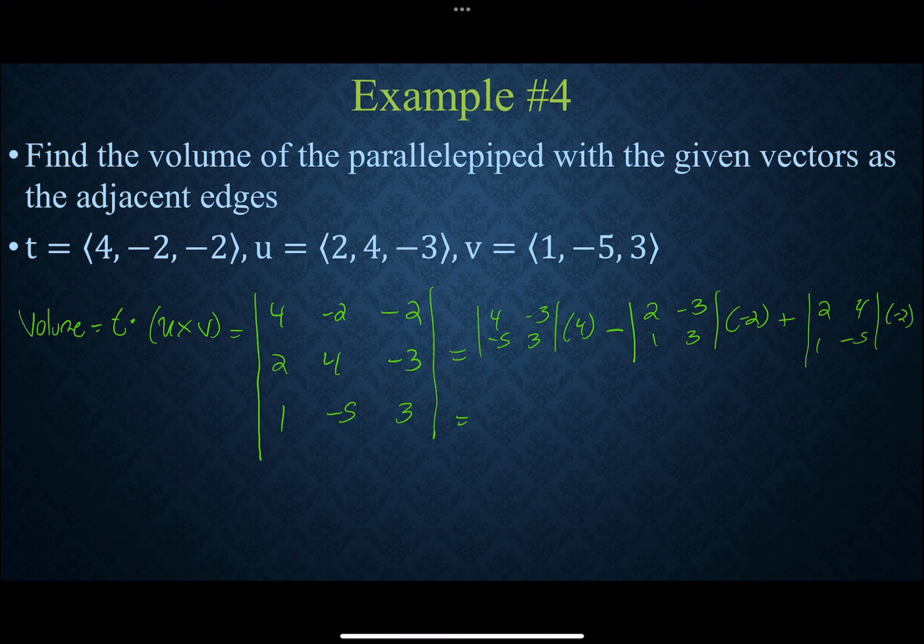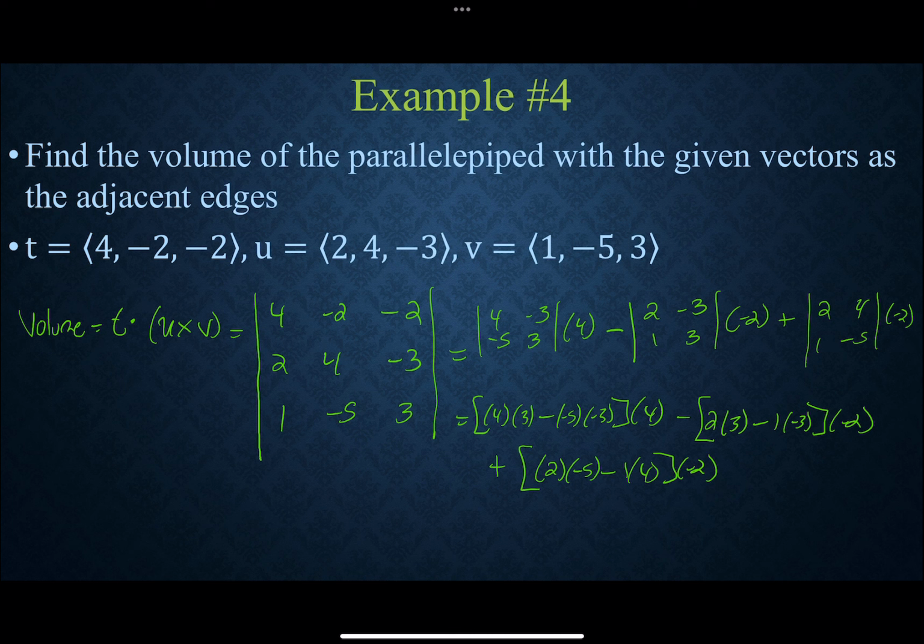So for the determinants, we'd have 4 times 3 minus negative 5 times negative 3, times 4. And then minus, we would have 2 times 3 minus 1 times negative 3, times negative 2. And then plus, we'd have 2 times negative 5 minus 1 times 4, times negative 2.